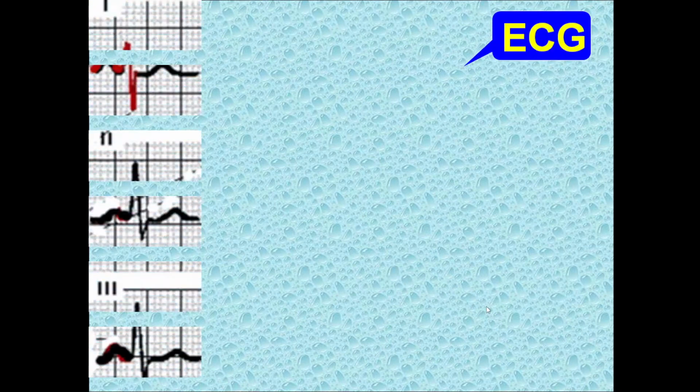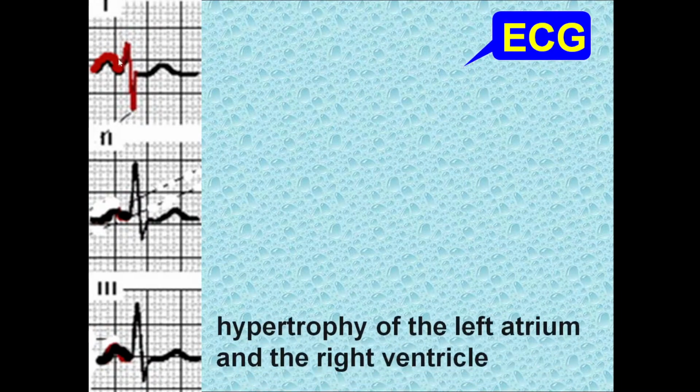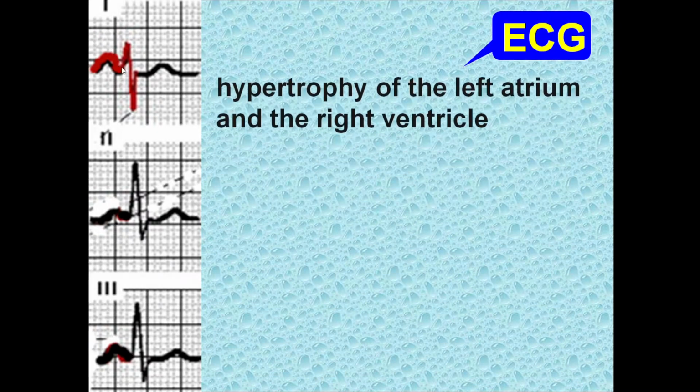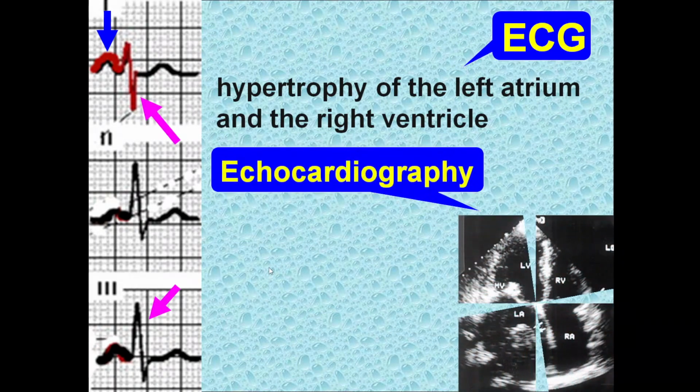On ECG, we can reveal signs of hypertrophied heart chambers. A high and wide P wave in the first standard lead is characteristic for hypertrophy of the left atrium. A deep S wave in the first standard lead with a high R wave in the third standard lead indicates hypertrophy of the right ventricle. Echocardiography helps clarify pathology because we can measure wall thickness and orifice diameter.